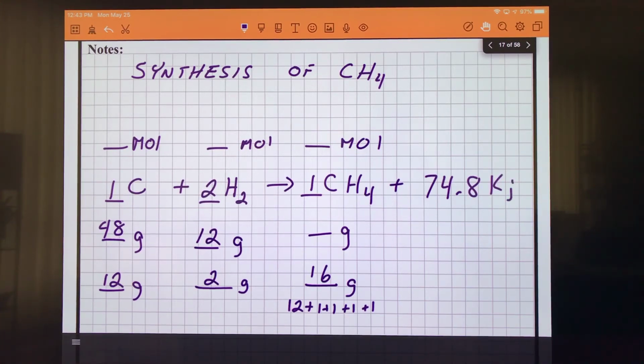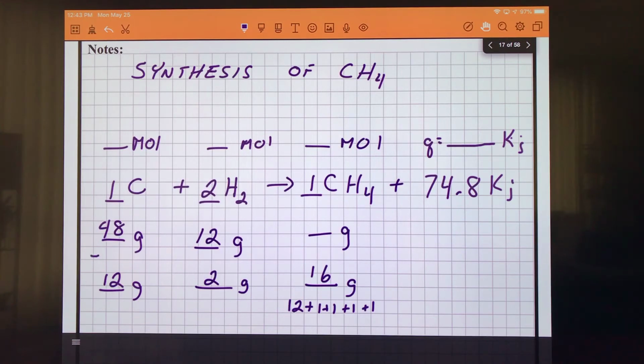Notice I don't do any balancing with these things. There's no 1s or 2s or 6s or anything else in front of the kilojoules. It's just 74.8. It's not involved in the balancing. Don't even try and do that. All right, and I'm going to add one more line above it because it is kilojoules. And remember, that's Q.